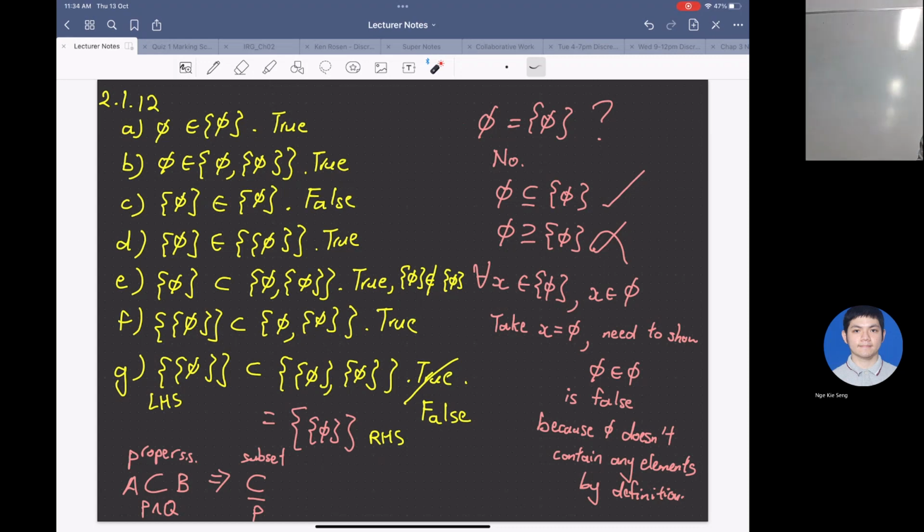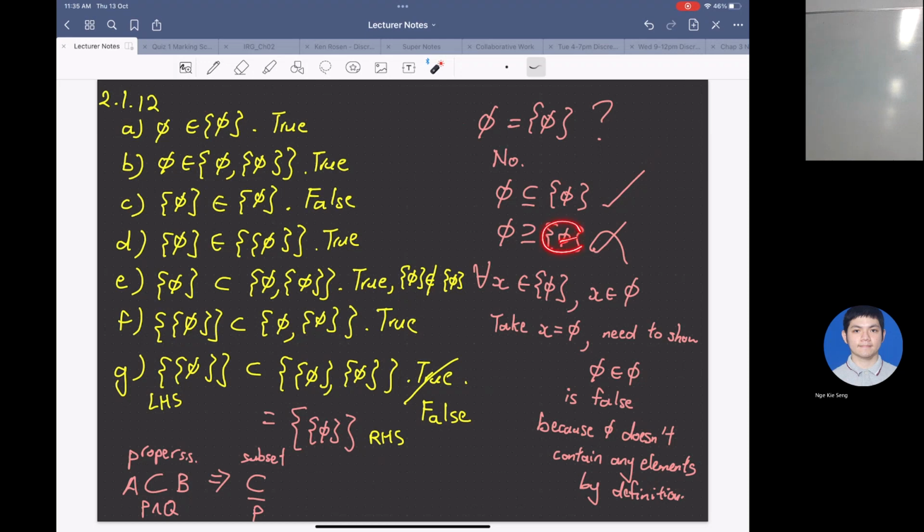If you want to show they are equal, you need to show two set inclusions. The empty set is a subset of the set of the empty set, and the set of the empty set is a subset of the empty set. The first one is always correct because the empty set is a subset of any set. We already proved it. How about the other one?